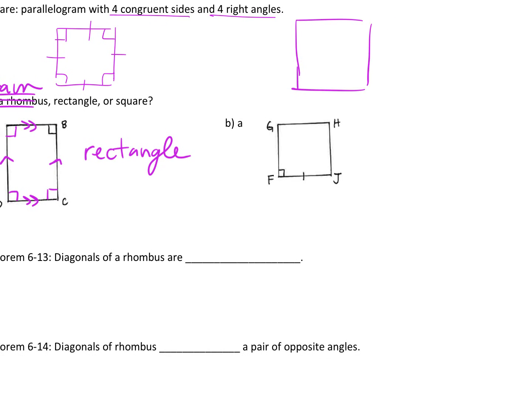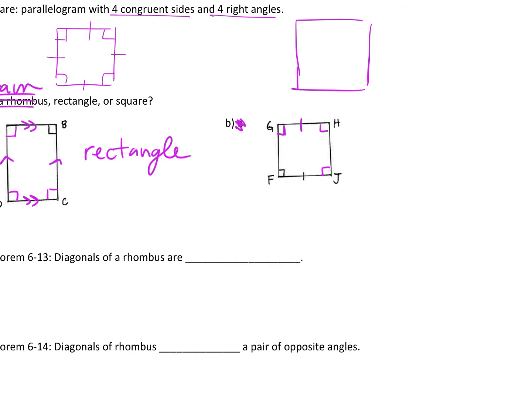Look at letter B. What's the most specific name? Forget the A here. The most specific name you can give FGHJ. Rhombus. Tupu says square. Why? Consecutive angles are congruent. Well, supplementary, but going to be congruent in this case. So we know 4 right angles. Do we know any other side lengths? No. You know opposites are congruent, so opposite sides here are congruent. Oh, I took out a marking.